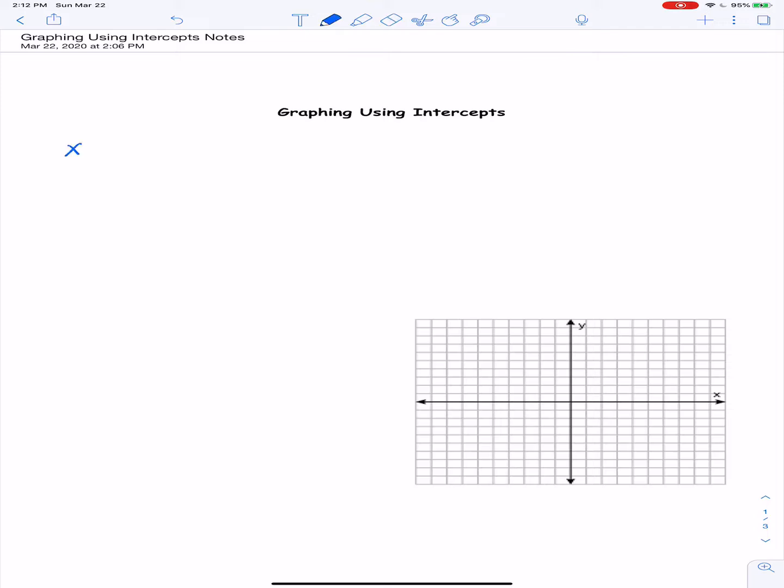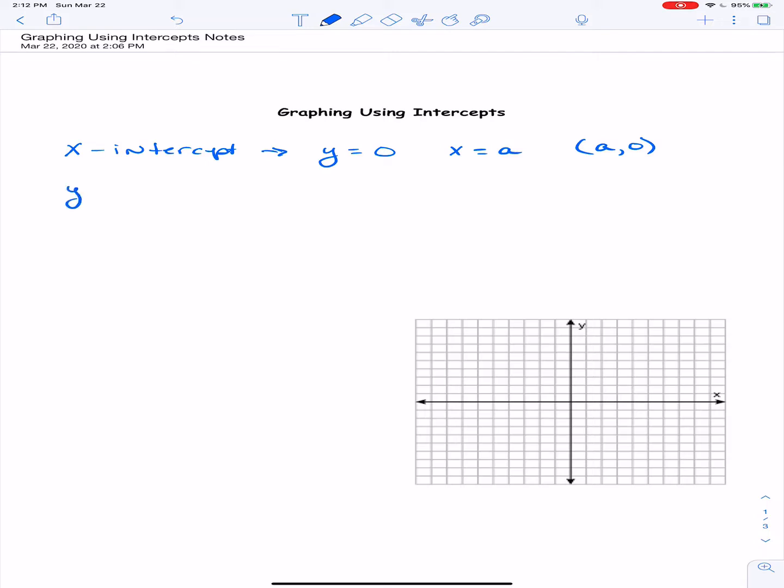The x-intercept is going to be where y is equal to 0 and x is going to be equal to some number a. So we will have an ordered pair where we'll have some number along with y and 0 in the y position.